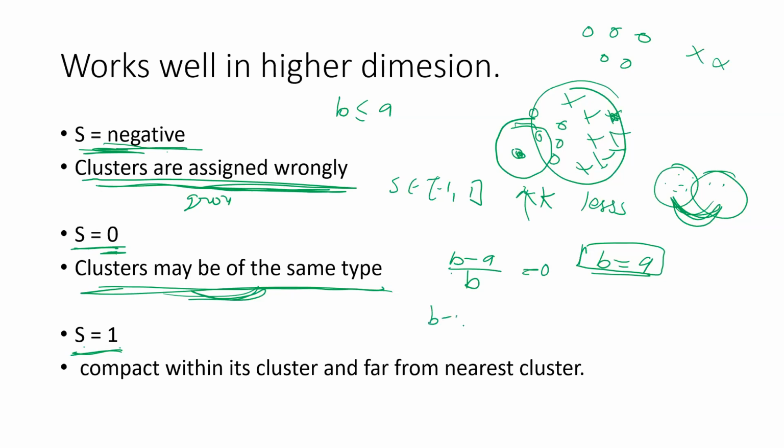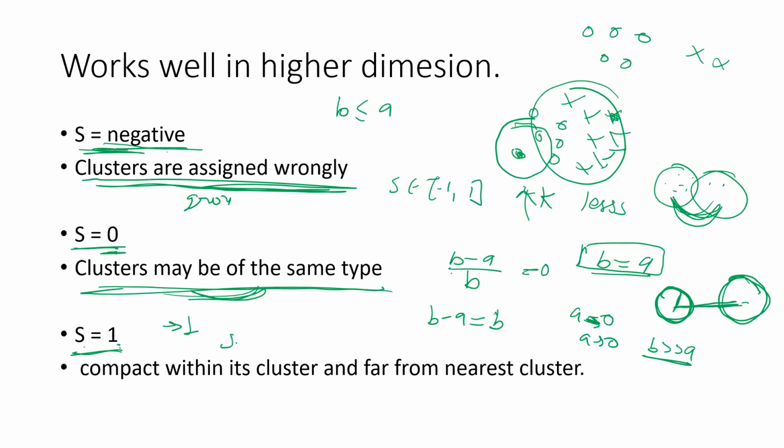In this case, B minus A will equal B, so A is 0, or rather A is tending to 0. It's not always exactly 1, but close to 1. It means that your clusters are very well packed, or B is much greater than A, or the nearest cluster is very far. So that is very good grouping, right?